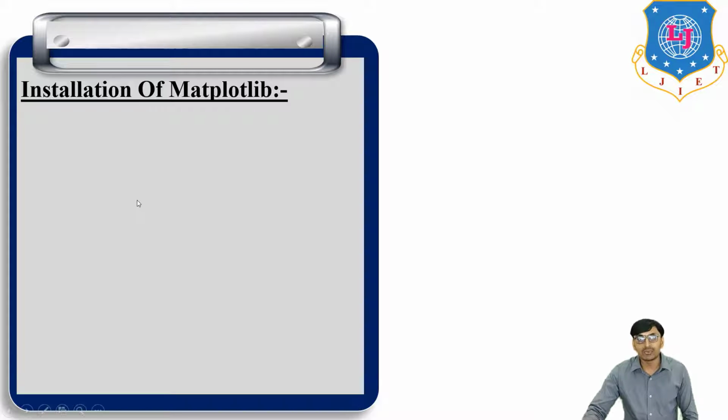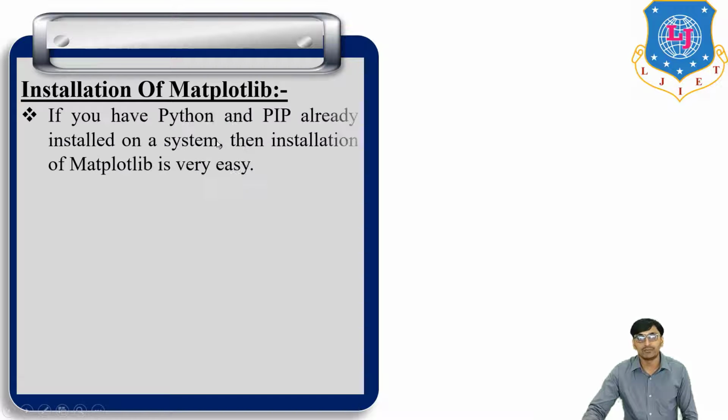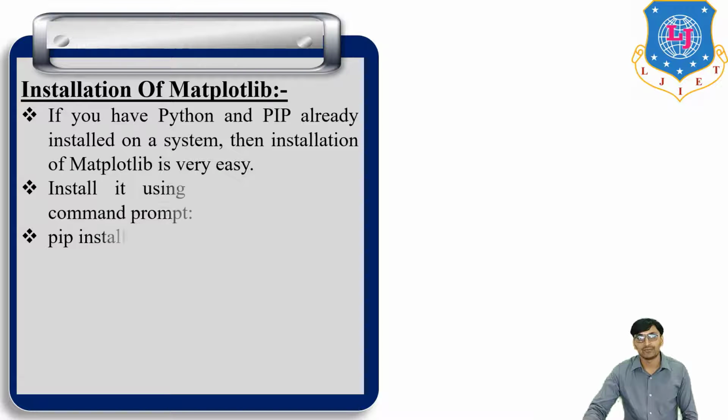Now installation of matplotlib. If you have Python and pip already installed on your system, then installation of matplotlib is very easy. Install it using this command in command prompt: pip install matplotlib.